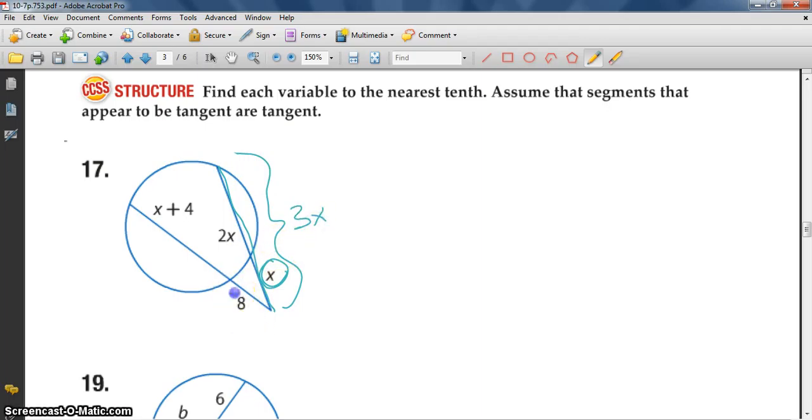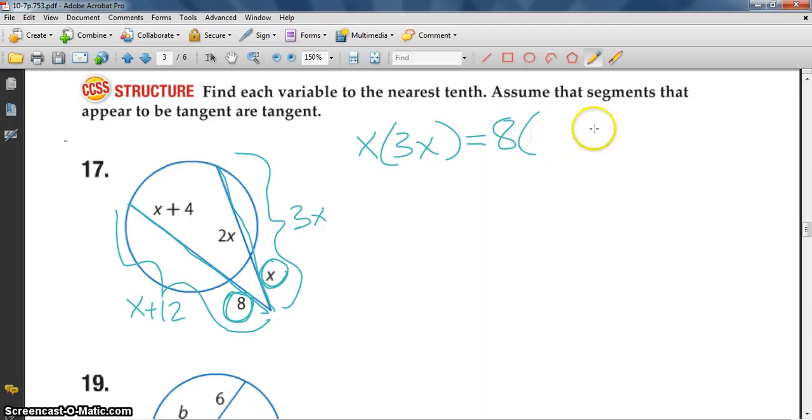And then set that equal to the outer part of this secant times the length of this entire secant. So I'd have x plus 4 plus 8, or x plus 12. So outer part times whole thing equals outer part times the whole thing.